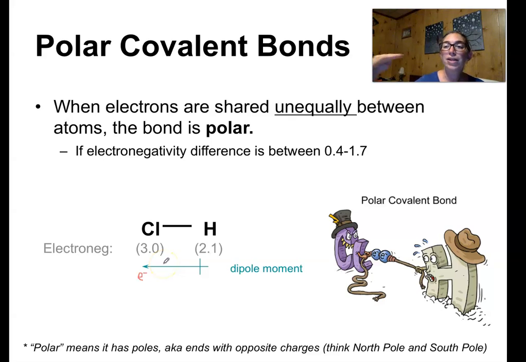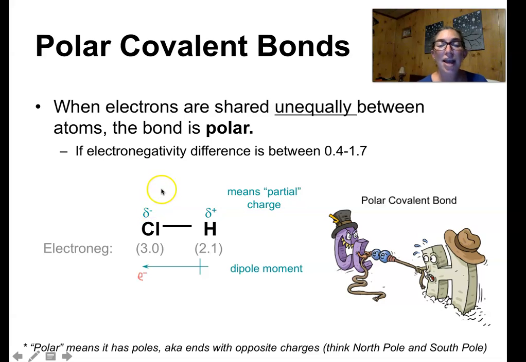So they always point toward the electron hog, the bigger hog, and that arrow is called a dipole moment. Because chlorine is hogging those negatively charged electrons, it ends up being slightly negatively charged. This funky little shape here is actually the Greek letter delta, and it means partial. So the chlorine is partially negatively charged, and the hydrogen is partially positively charged.